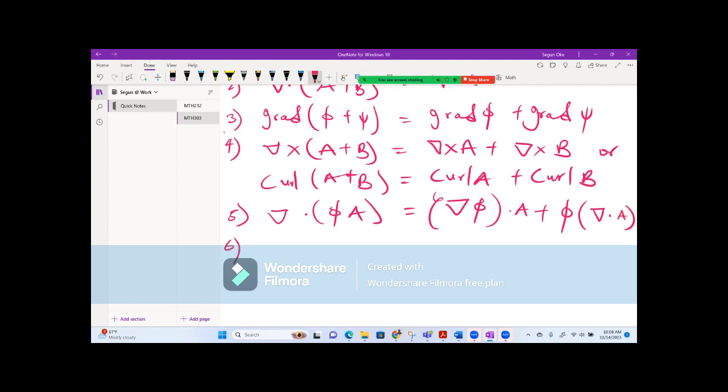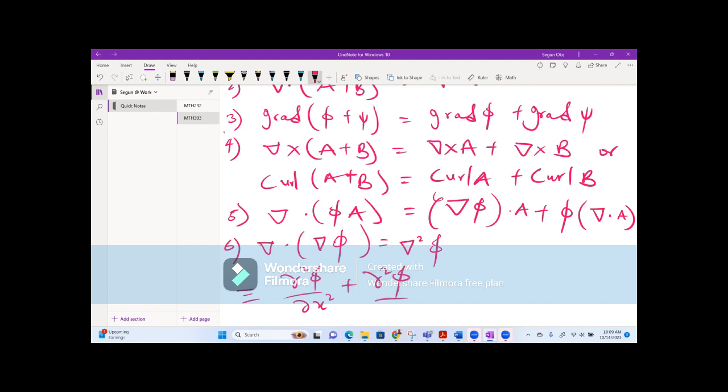Number six: del dot del phi is the same thing as del squared phi, which is equivalent to the second derivative of phi over x squared plus the second derivative of phi over y squared plus the second derivative of phi over z squared.